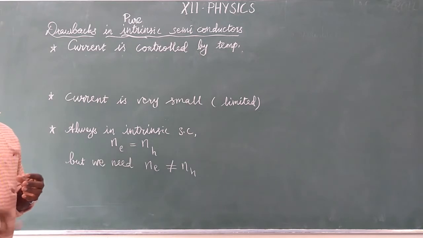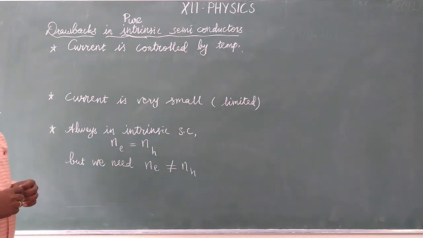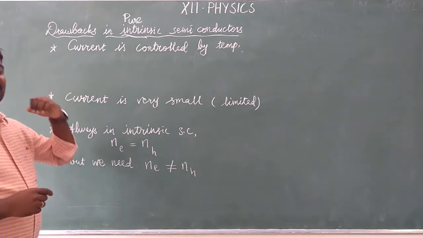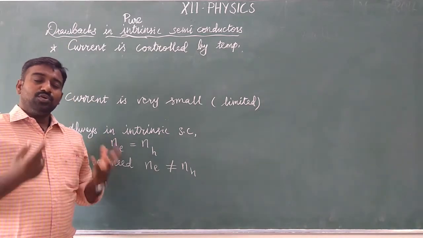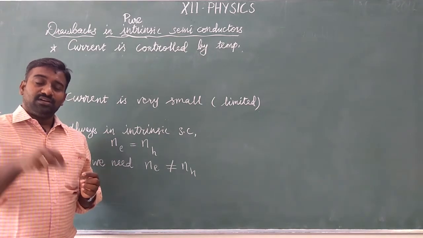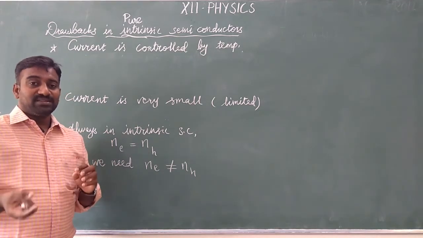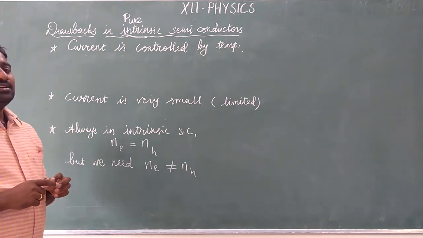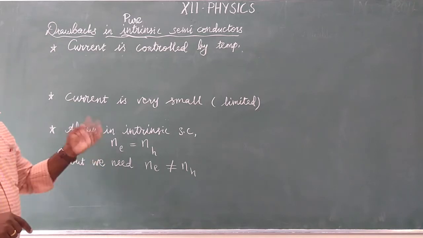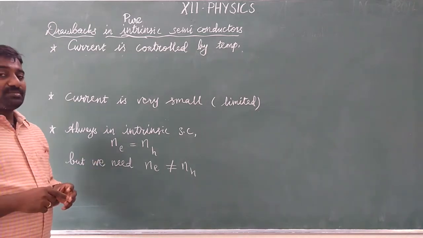The electrons or the holes are the charge carriers in the intrinsic semiconductors. So there is no use of fabricating such semiconductors. We need to modify something in the intrinsic semiconductors for good conductivity. That is the second type that we'll see in the next topic, extrinsic semiconductor.